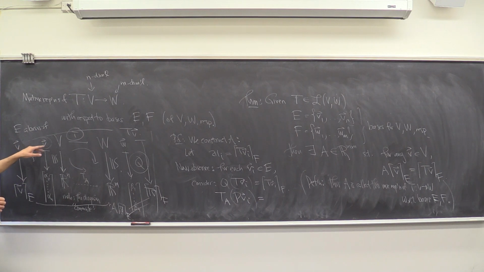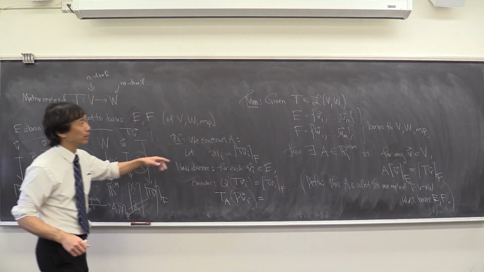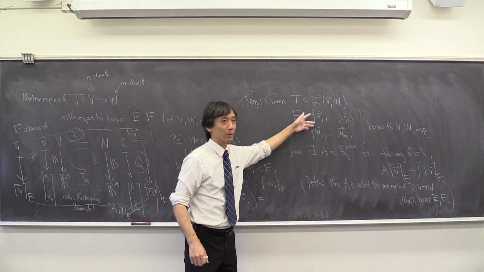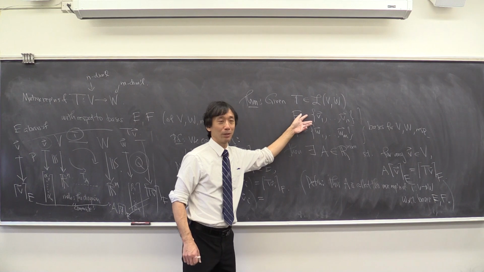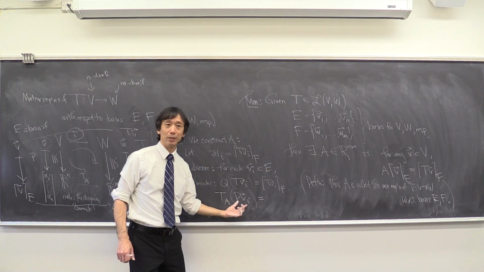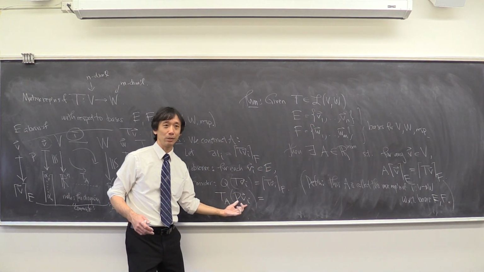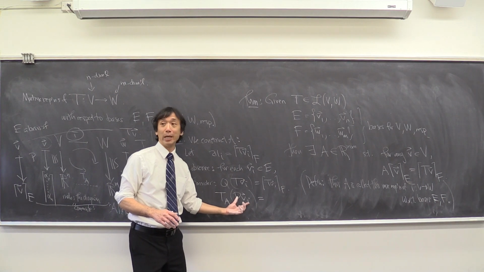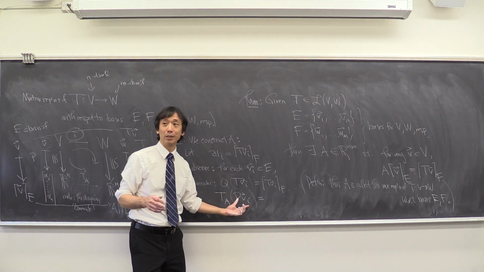Remember, P is the coordinate vector map with respect to the E basis, which was the v sub i's, right? So we're taking the coordinate vector of v sub i with respect to the v sub i's. Well, what's that? We just said this a second ago. This was going to be e sub i. Do you remember that? This is what Ava got. You guys remember that? Okay.